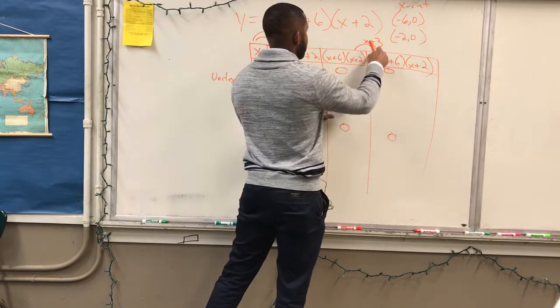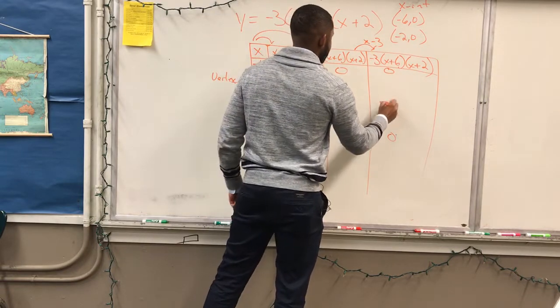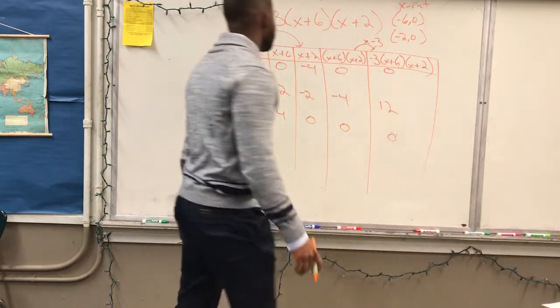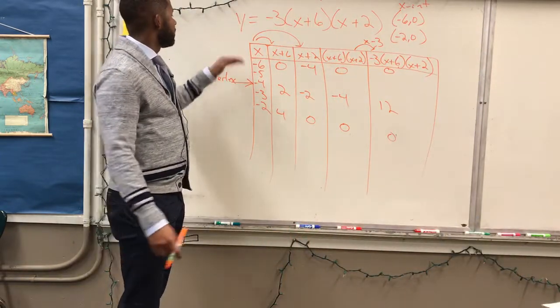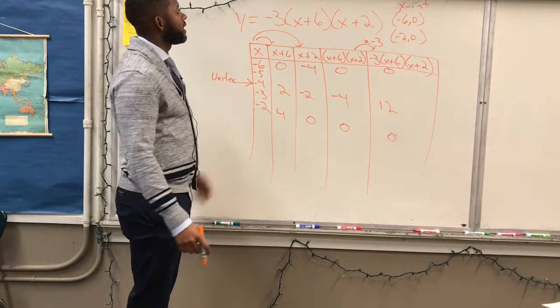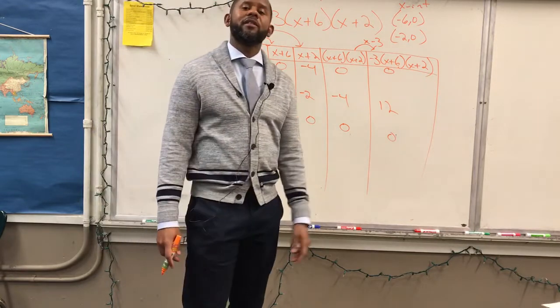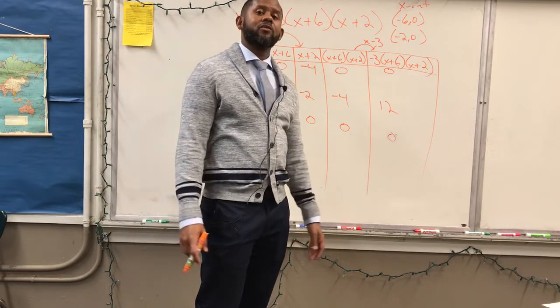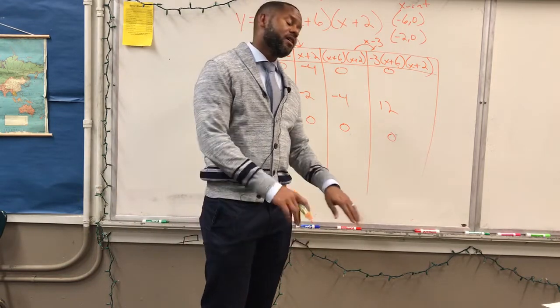And negative 4 times negative 3 is positive 12. I'm just going to double check that. That is right. So now, x-intercepts, vertex right here. I just made my Gema table in factored form. That's what I got, guys. I'm going to be done.